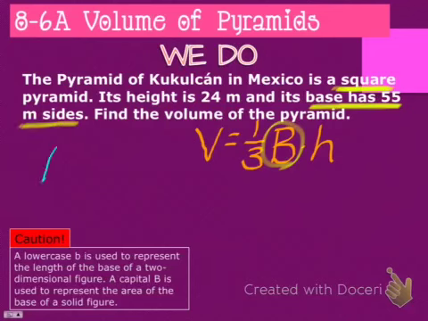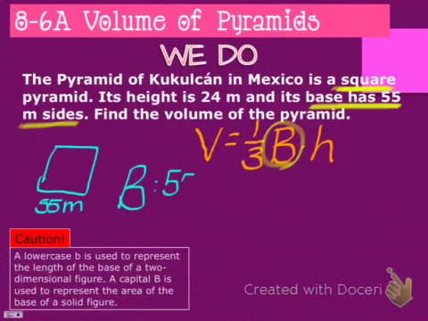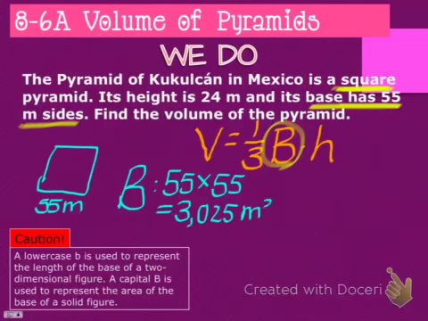So it's going to be a square, and all sides are going to measure 55 meters. So the area of our base is going to be 55 times 55, and that is a measurement of 3,025 square meters.